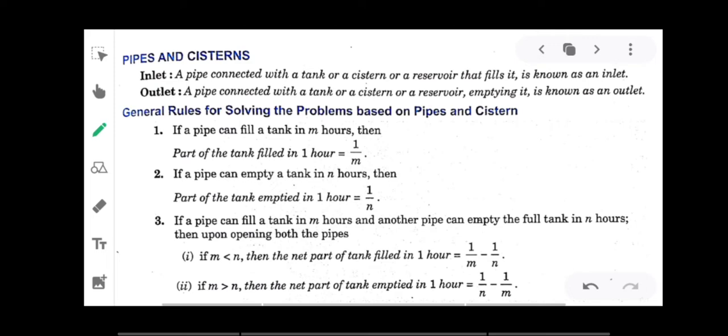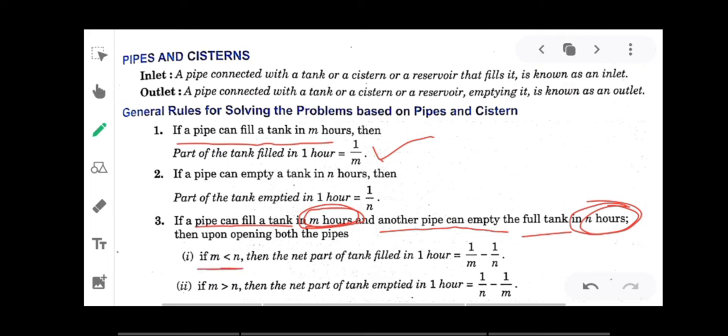Okay, next, if a pipe can fill the tank in m hours, we have already studied this one. Here, if a pipe can fill a tank in m hours, and another pipe can empty the full tank in n hours, then if m is less than n, the net part of the tank filled in 1 hour equals 1 by m minus 1 by n.